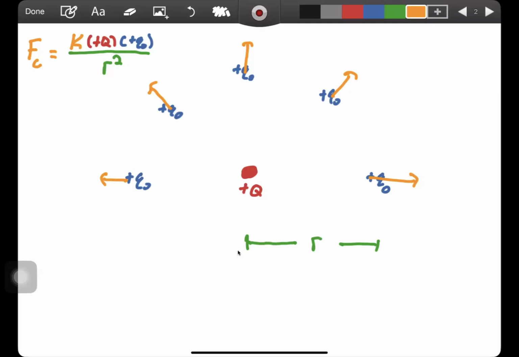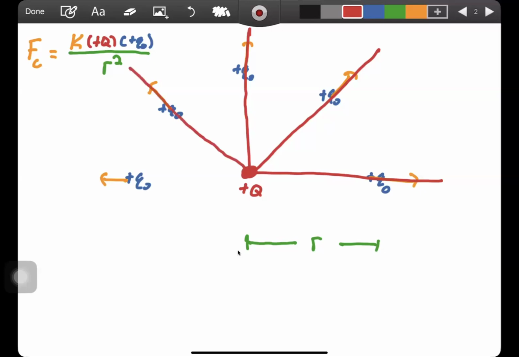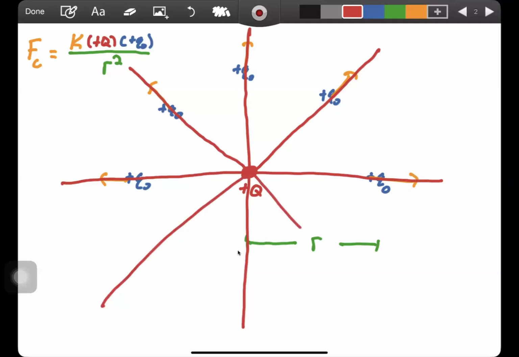And so I can just extend these lines. If I was to draw lines through the orange hypothetical Coulomb force lines for different hypothetical positions of our test charge, by extension, it would also look like this, and like this, and like this.